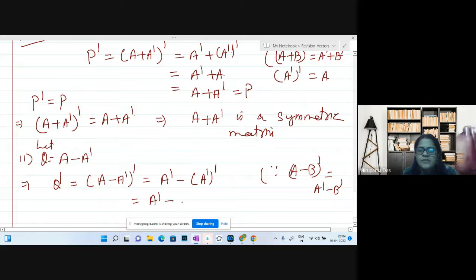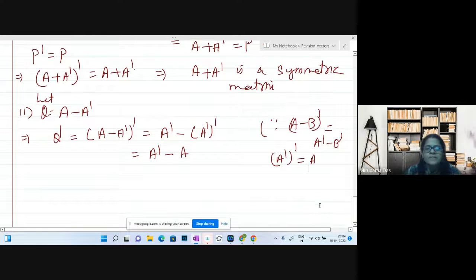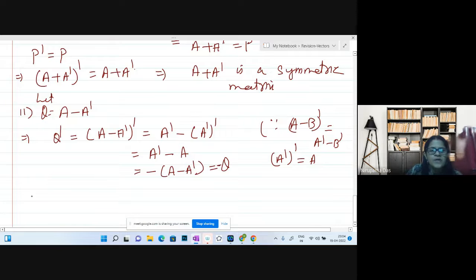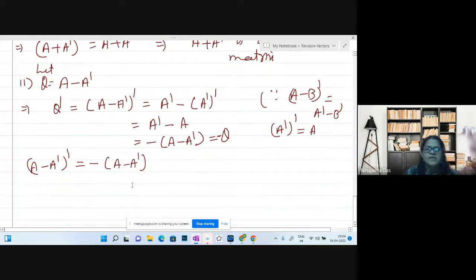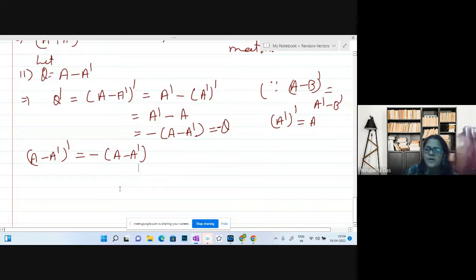So A transpose minus A, again using the property that transpose of A transpose is equal to A. So it is A transpose minus A, which is minus of A minus A transpose, which means we are getting minus Q. So Q transpose equals minus Q. This is in the form of A transpose equal to minus A. So this implies A minus A transpose is a skew-symmetric matrix.